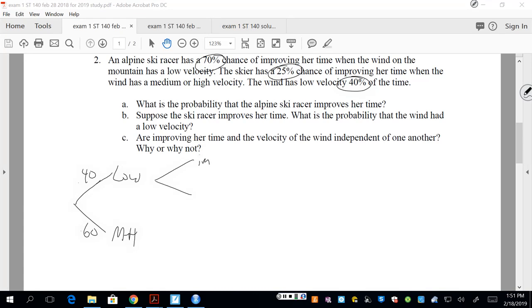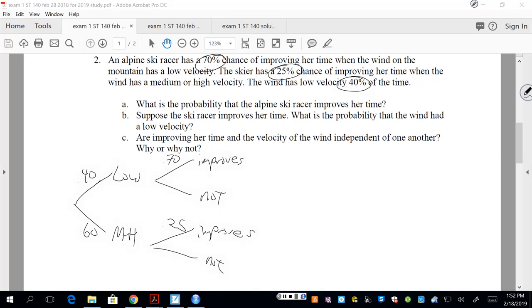This skier either improves or does not improve. There's a 70% chance of improving in this condition, and a 25 in this one. So what's the chance she improves her time?